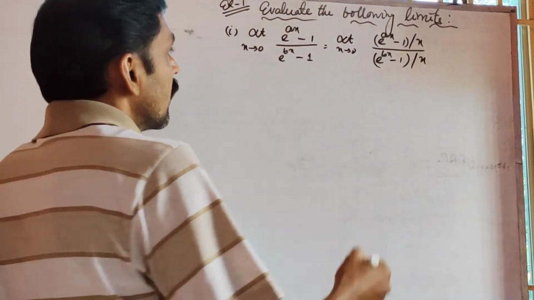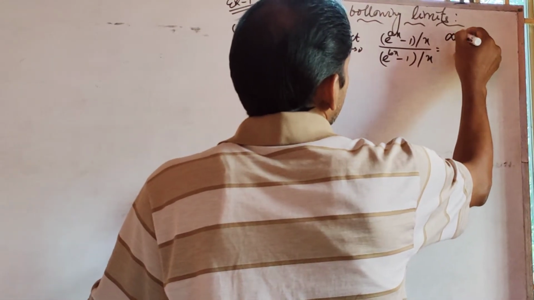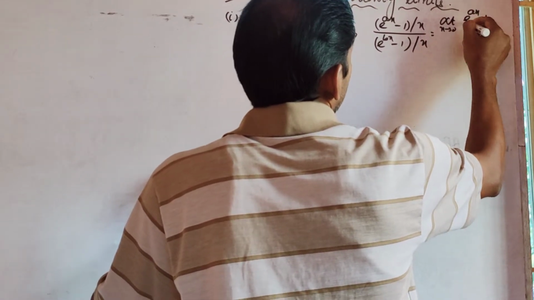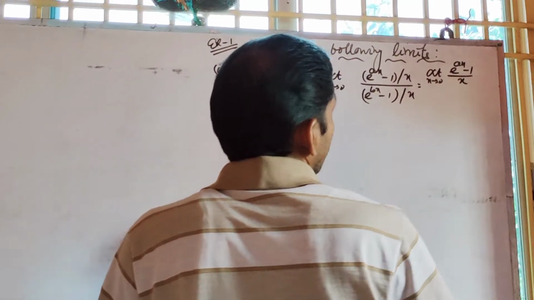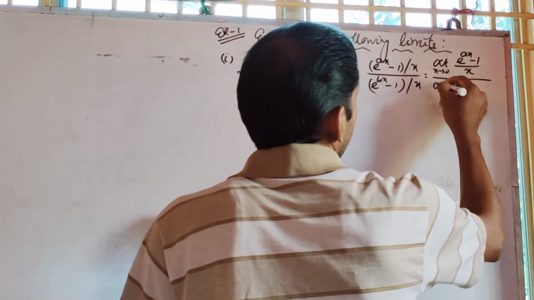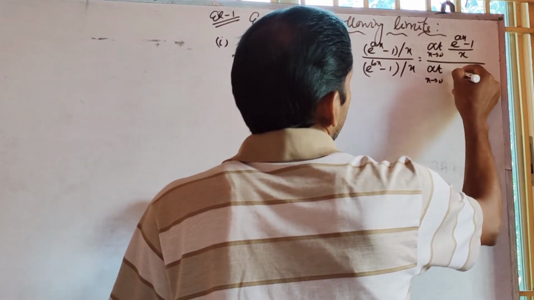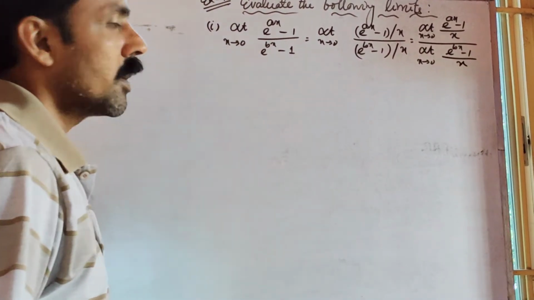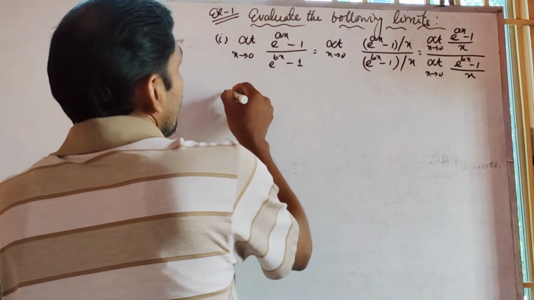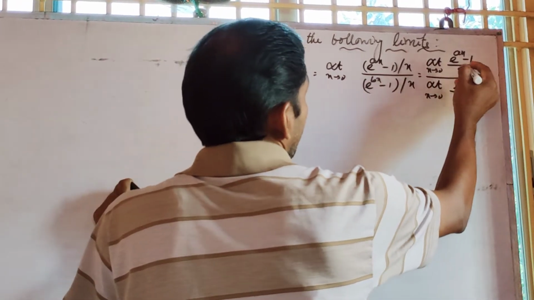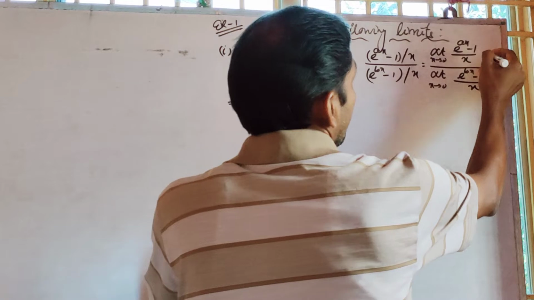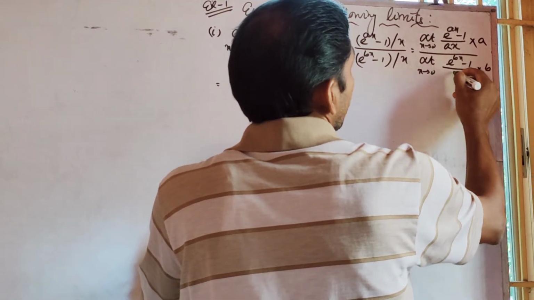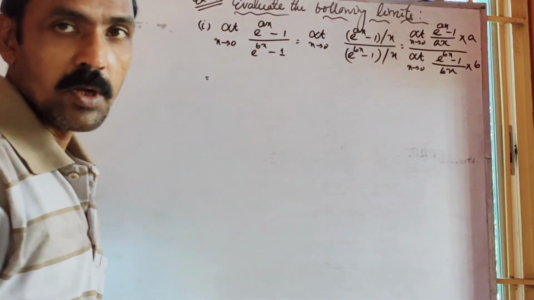Clear? Now by property, it is limit of the numerator by limit of the denominator. Now here in the same step, you multiply it with a and you multiply it with b.